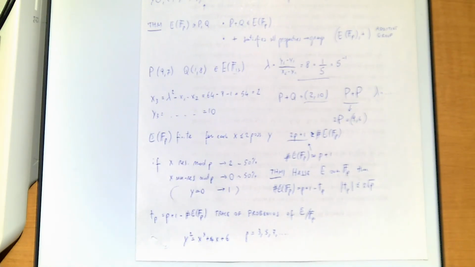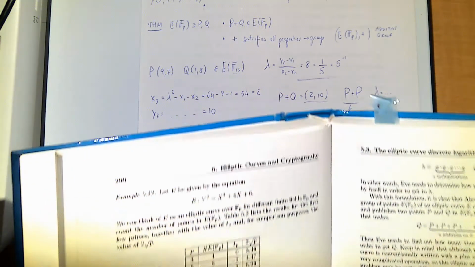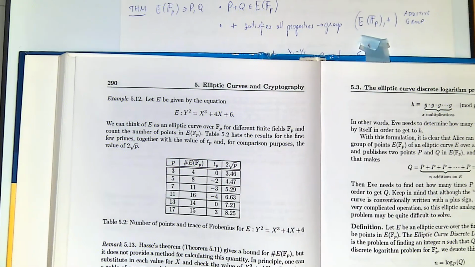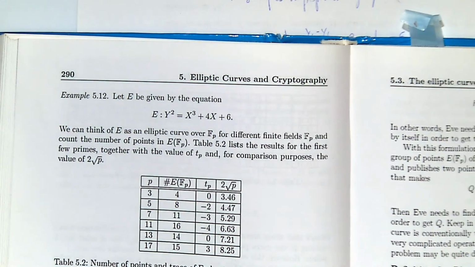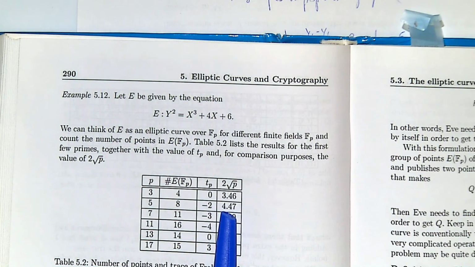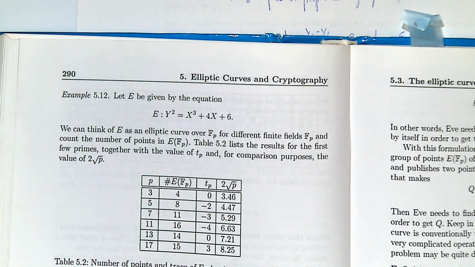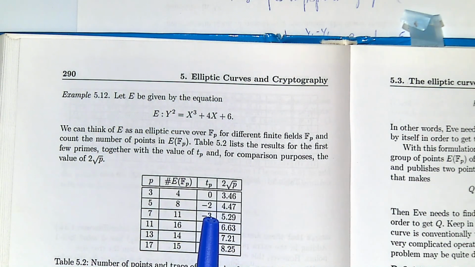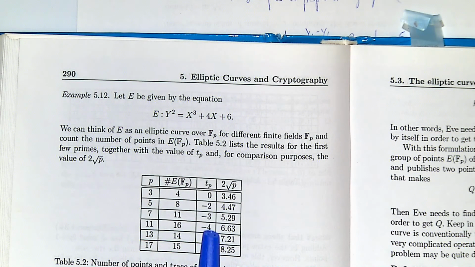The result would be easier to see here. I can even zoom in a little. You can see that when p is equal to 3, we get exactly 4 points on the curve. Tp is 0, which is obviously quite far from the value of 2 square root of p. When p is 5, the number of points is 8, so Tp is negative 2.